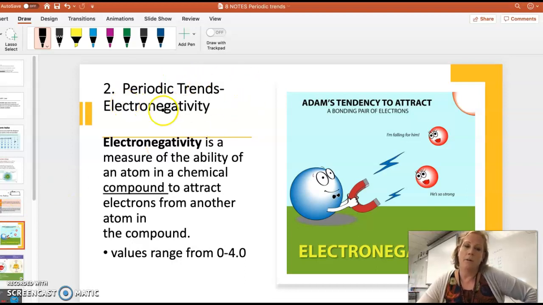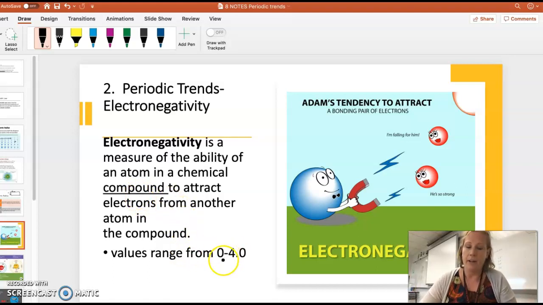So, keeping in mind what I just said about electron shielding and effective nuclear charge, this is a new trend now. You didn't see this one in the simulation. This is something called electronegativity. Electronegativity is the ability of an atom to attract electrons from another when they're in a bond together.